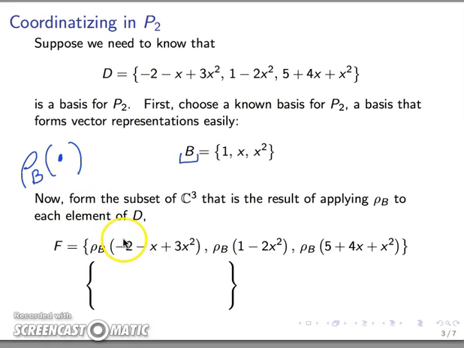So we're interested in the vector representation of this object relative to B, and that representation will be given by -2, -1, and 3.